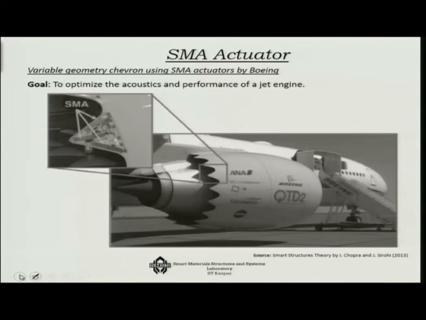One of the fantastic applications of SMA is a variable geometry chevron application, which is done by Boeing in Dreamliner aircraft. If you next time fly in a Dreamliner, you would notice that the edges near the engine are jagged.